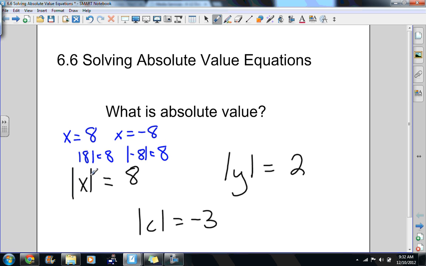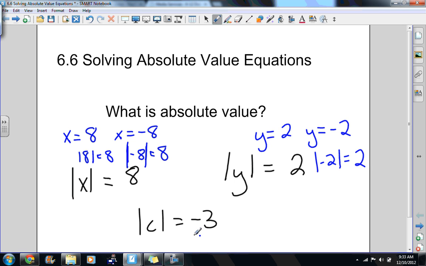Absolute value, these bars, simply take a number and make it positive. That's it. So over here, y can be 2 and y can be negative 2, because the absolute value of negative 2 is equal to 2.